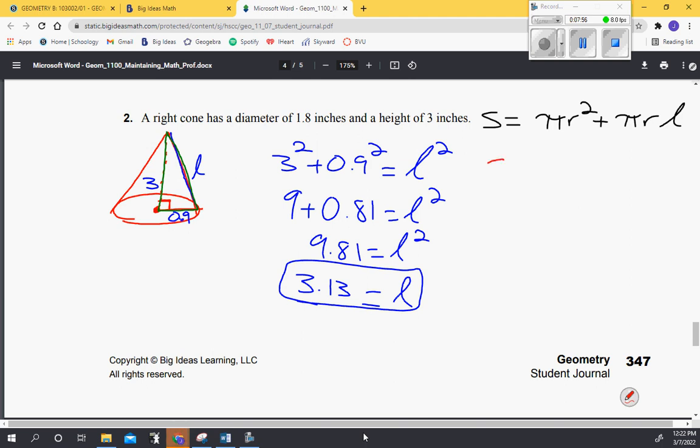So we have to plug this in. S is equal to pi times R, which is 0.9 squared, plus pi times 0.9 times 3.13. Okay, so S is equal to 0.81 pi plus 2.82 pi.